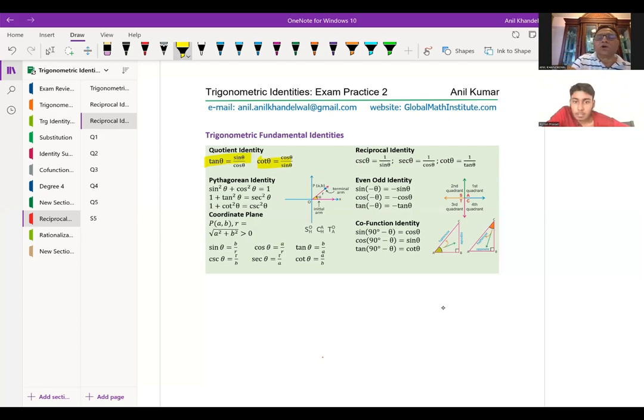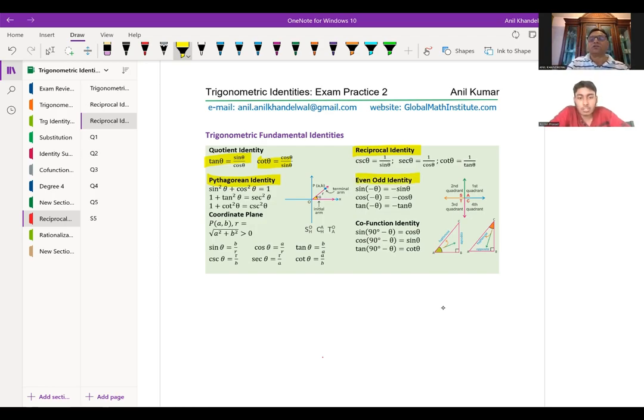We also know all our reciprocal identities. Cosecant is 1 over sine theta, secant theta is 1 over cos theta, cotangent theta is 1 over tan theta. Then we derived Pythagorean identities. Sine square theta plus cos square theta is 1. 1 plus tan square theta is secant square theta. 1 plus cotangent square theta is cosecant square theta. Along with rearranging it, right, sir? Yes, along with rearranging it.